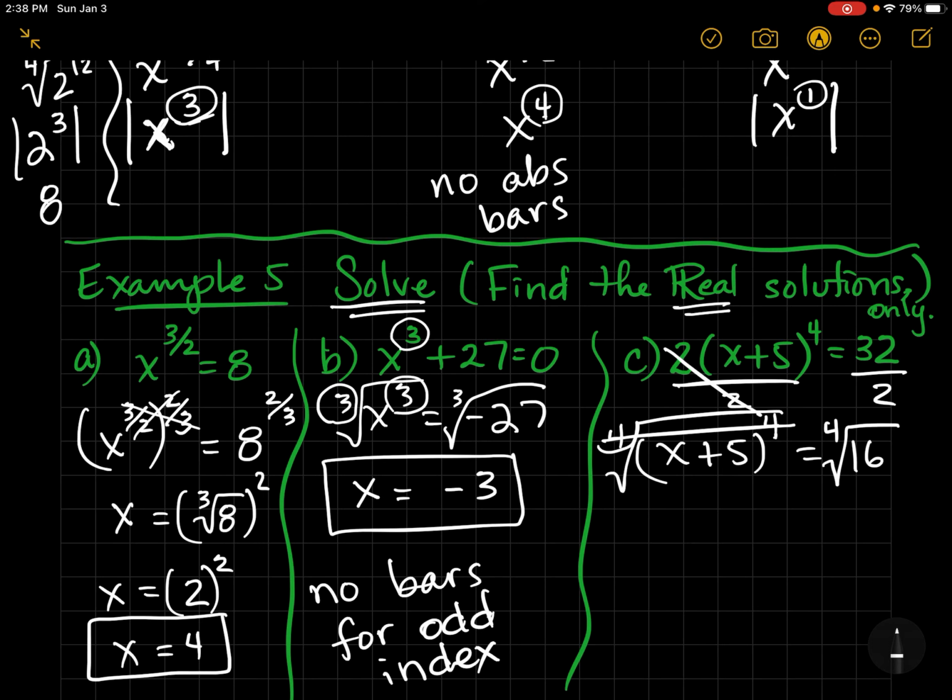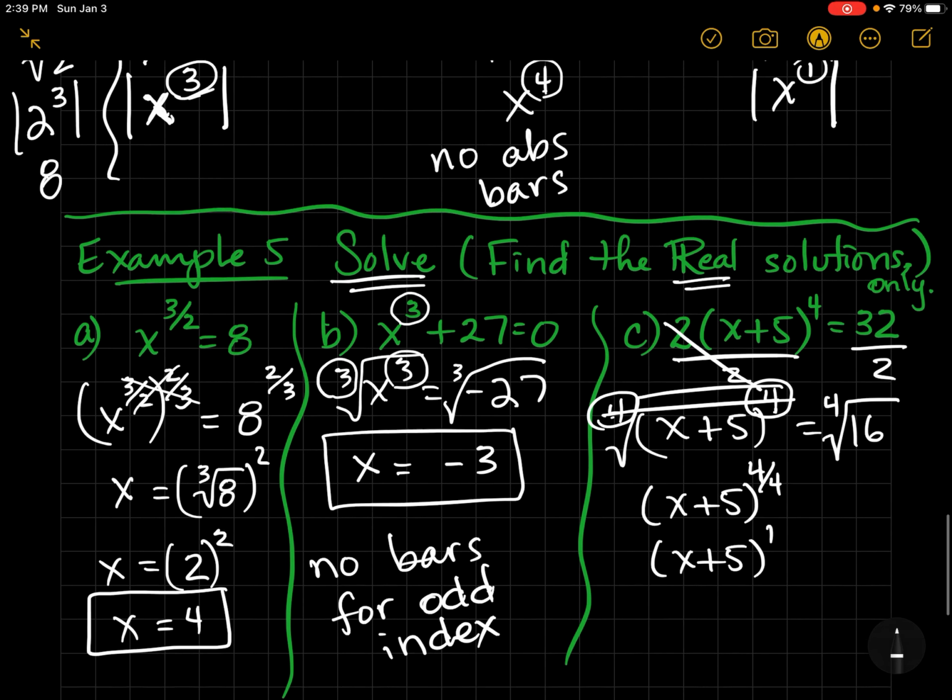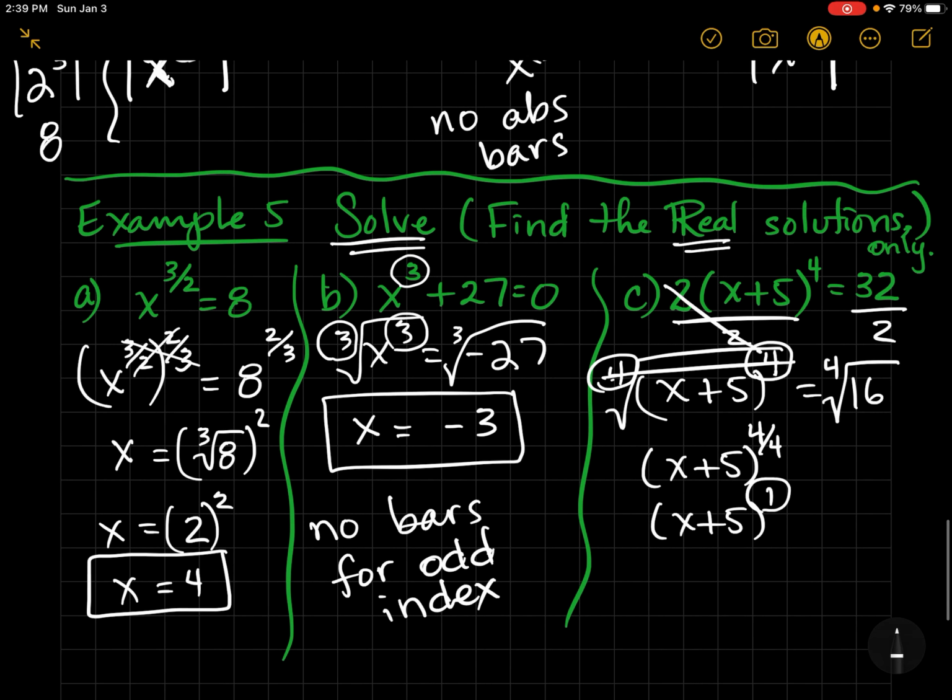But be careful, even, and this is odd because 4/4, let me make sure you see that, is 1. So I'm looking at even, odd.